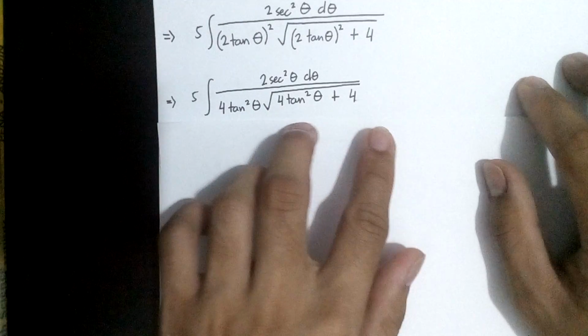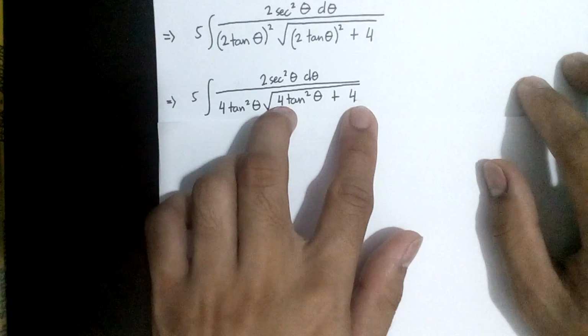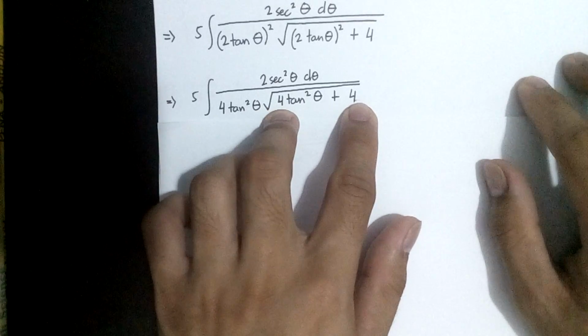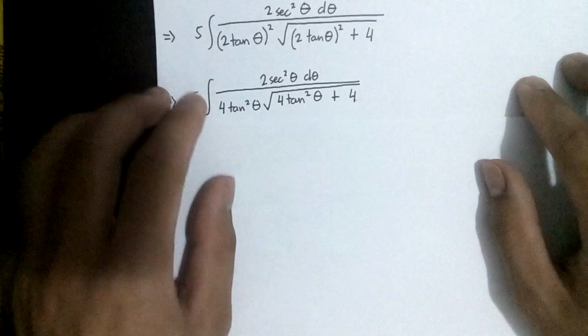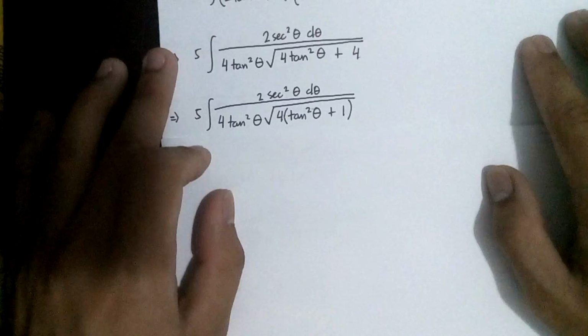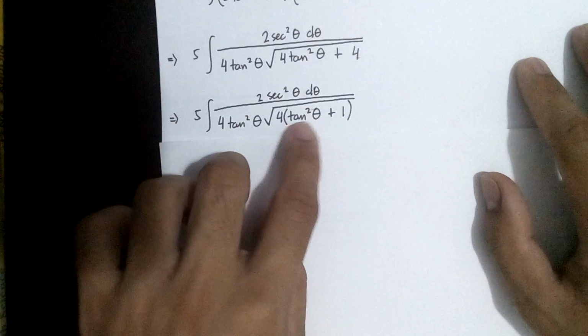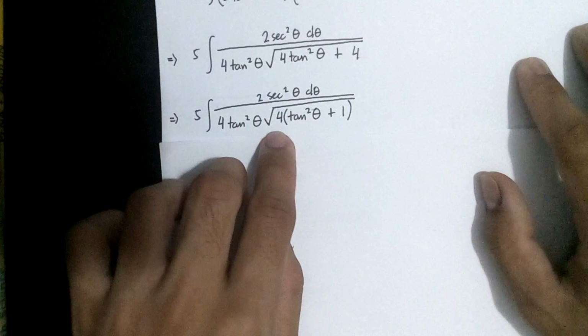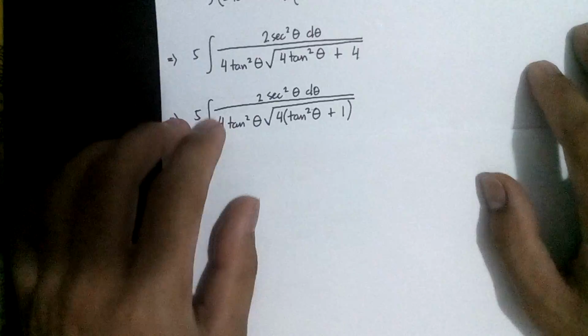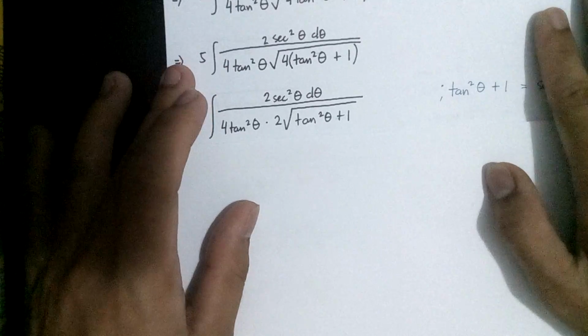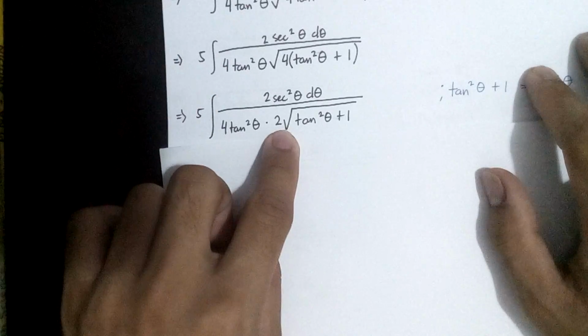And as you can see here at the radical, we have the common term 4. Therefore, we can factor out 4 as such. This becomes 4 times tan squared theta plus 1. And then the square root of 4, we can move out and turn into 2.